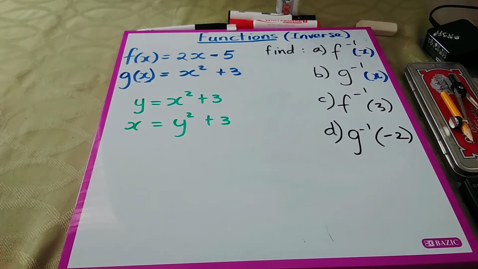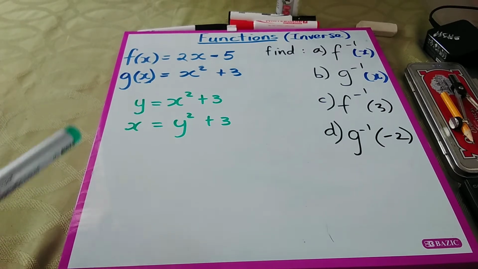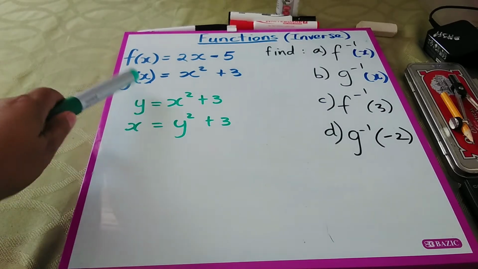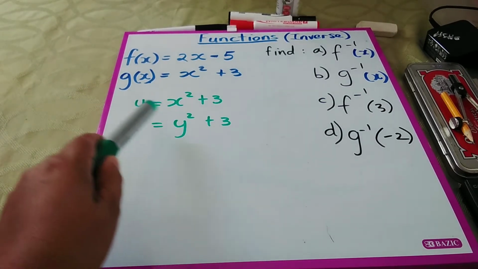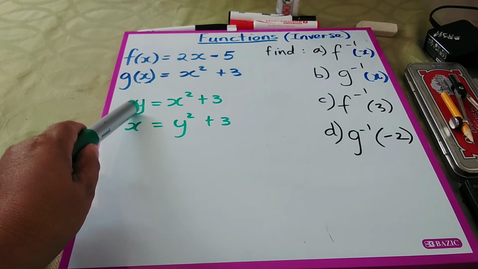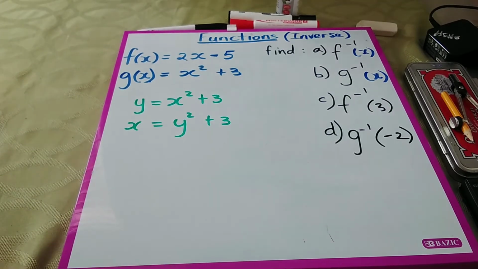So now we're going to do the one for the g of x function. So I already did the first two steps when I let g of x be y, and then I interchange x and y. Where you see y, you put x, and where you see x, you put y.